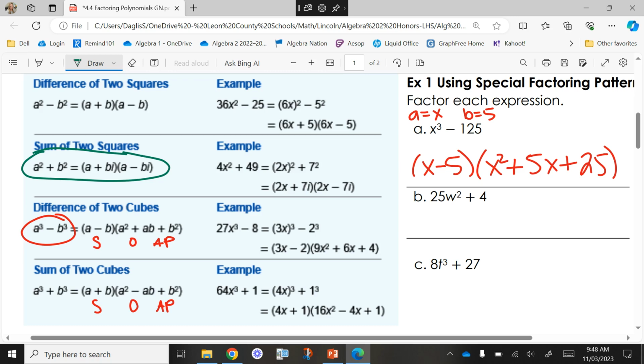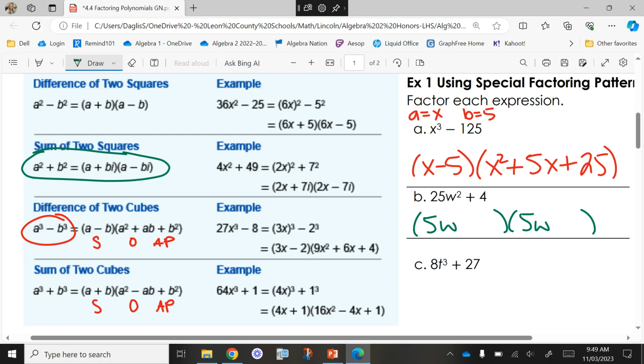All right, so this is a squared plus b squared. So what is technically my a value? 5x. What is my b value? It's a 2.